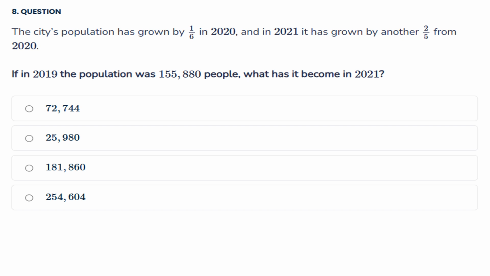So let's figure out what we have. We know that the population in 2019 was 155,880, and we know that the population grew by 1/6 in 2020. So we're going to multiply that, and we're going to turn the 2019 population into a fraction.